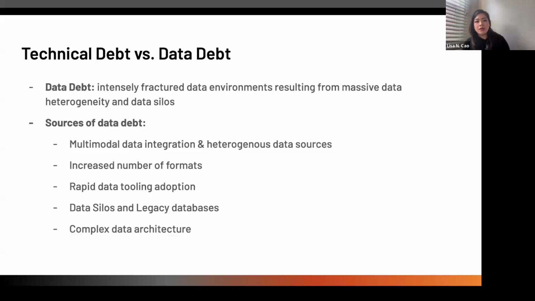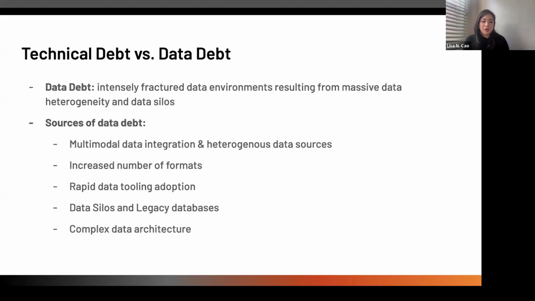And so data debt is when you have all of this fractured or low quality data that comes from the emerging heterogeneity within these data silos. Other sources of data debt are when you're trying to integrate different types of data together, or heterogeneous data sources, say processing video, images, and text at the same time.